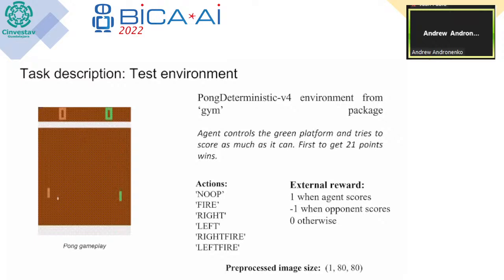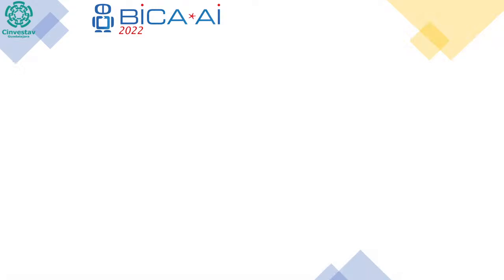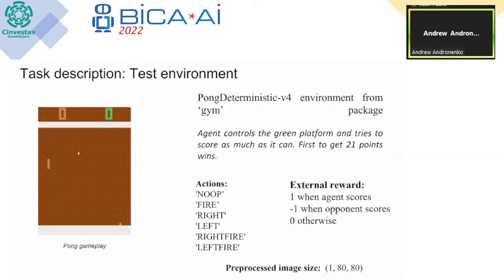On the GIF here, you can see that there's a lot of time while the ball is flying from the agent to the other side and back when it is unimportant what the agent does. So it can get stuck at the bottom of the picture and just wait for the ball to come back.